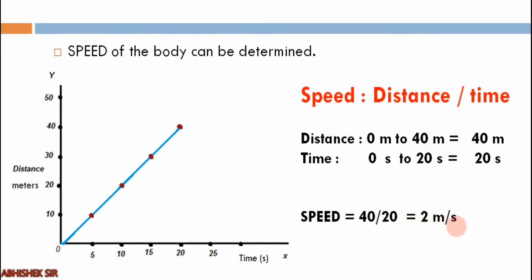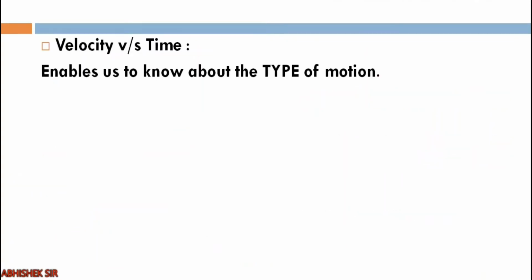The answer is 2 meters per second. That means you have used only the graph and you found the speed of the object. So this is all about the usefulness of the graph, right? Two uses we have studied for the distance versus time graph.